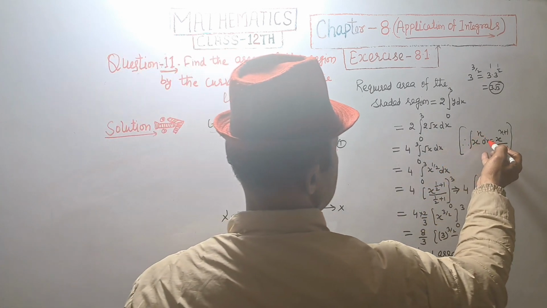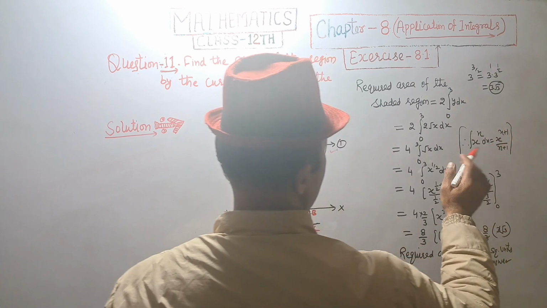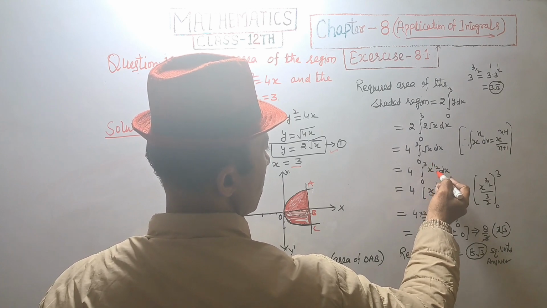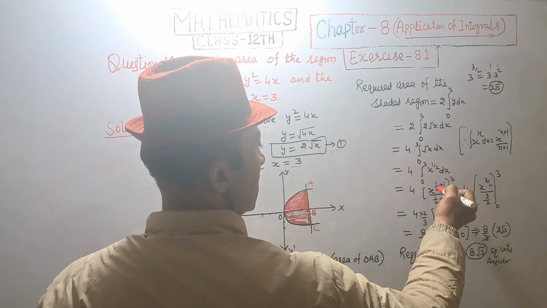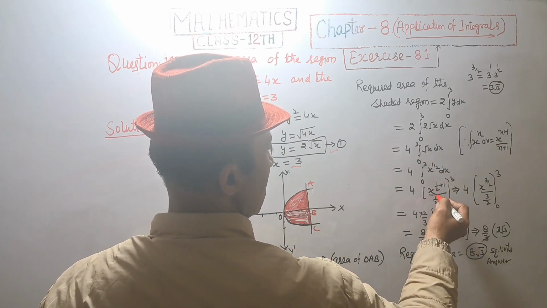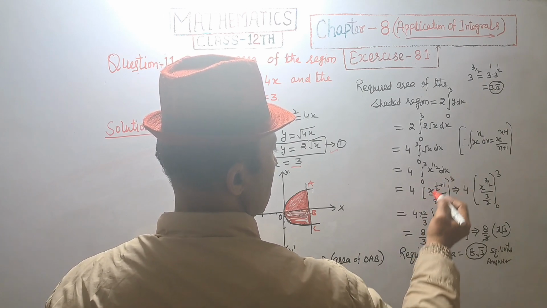Integration of x raised to power n dx is equal to x raised to power n plus 1 upon n plus 1. So root x we can write as x raised to power 1 upon 2, and integration of x raised to power 1 upon 2 is equal to x raised to power 1 upon 2 plus 1 divided by 1 upon 2 plus 1 and limit lies 0 to 3.